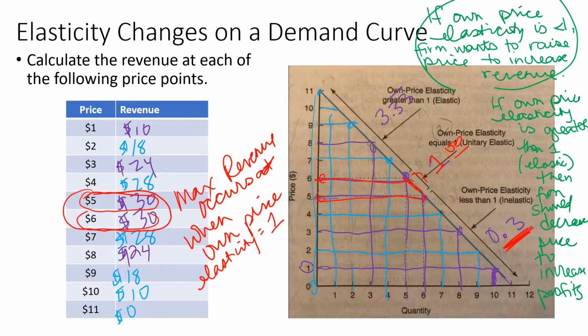Okay, so we can see that because the maximum profit is here. So when something is elastic, you're going to want to decrease the price of the product to increase profits. When something's inelastic, you're going to want to increase the price of the product to increase profits.